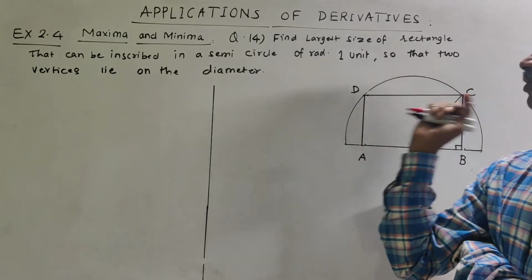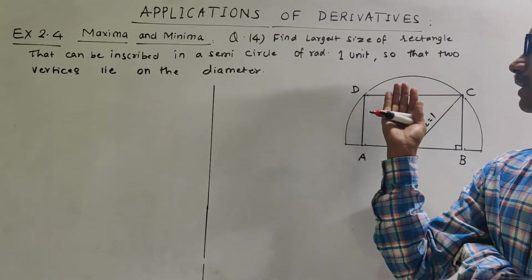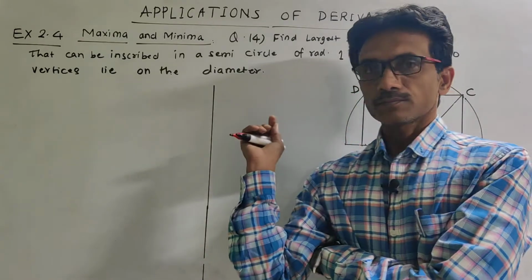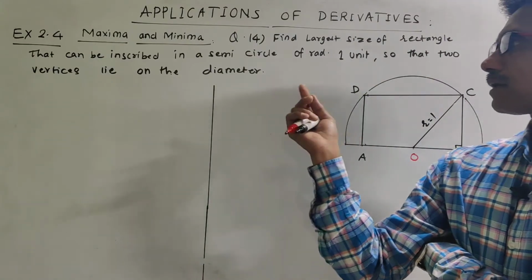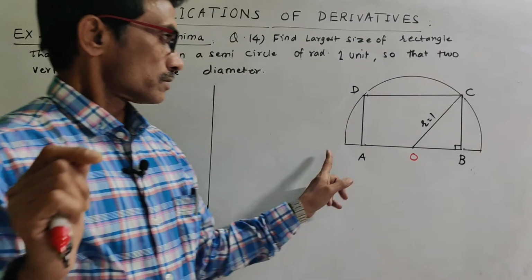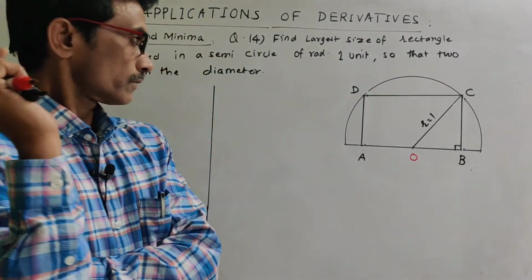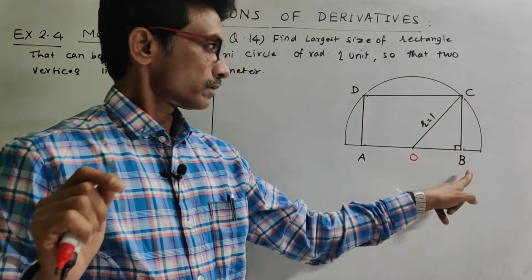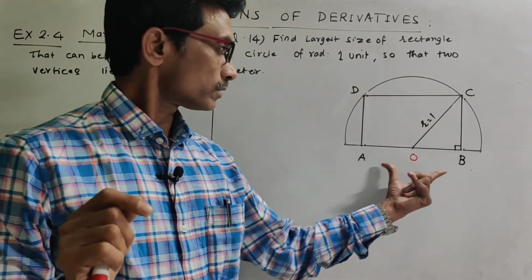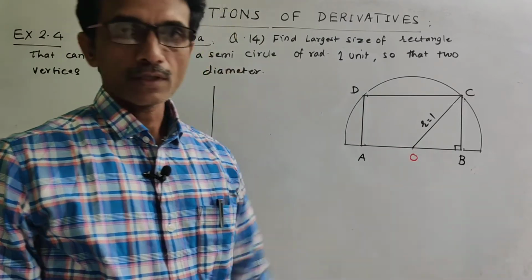Find largest size of rectangle that can be inscribed in a semicircle of radius 1 unit so that two vertices of the rectangle are on the diameter of circle. This is a semicircle of radius 1 unit, and here we have drawn a rectangle whose two vertices are lying on the diameter of the semicircle.